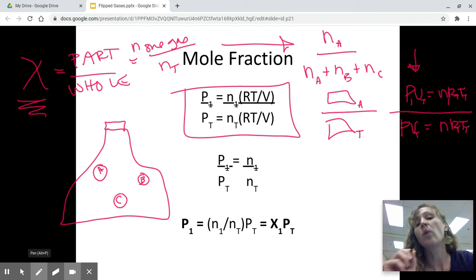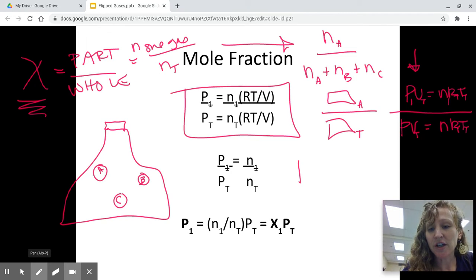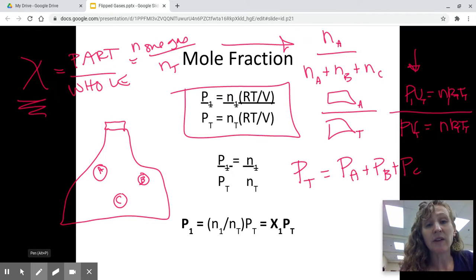So really the only variables we have here that change for one specific gas versus the whole mixture are pressure and moles. So pressure total is going to be pressure of A plus pressure of B plus pressure of C. Remember, pressure of A is the pressure that A would exert if it was in the flask by itself, right?